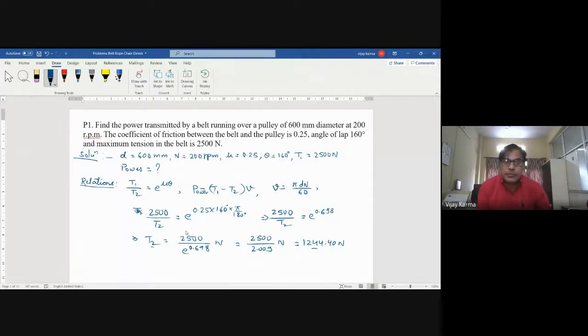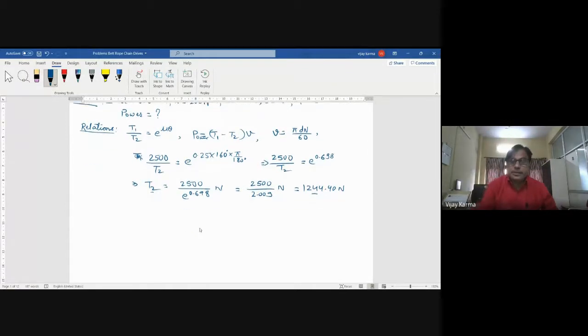So here we have T1, we have T2. Now calculate this V. Remember, for power to come in watts, V should be in meters per second. For that you have to convert D, since D is given as 600 mm, to meters.